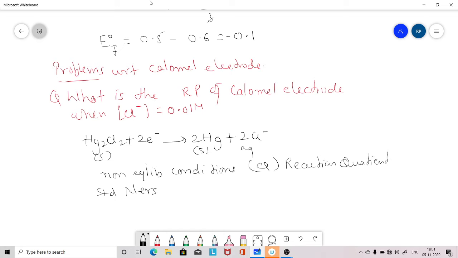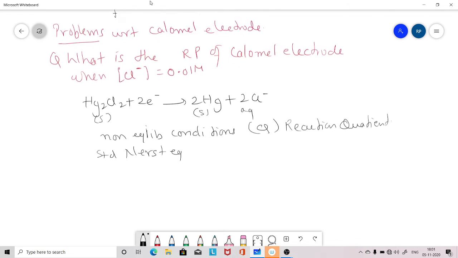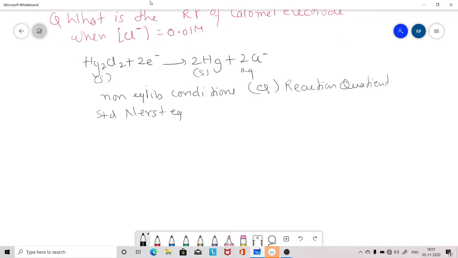What is the standard Nernst equation? E half cell, because there is only reduction, is equal to E naught of calomel electrode minus 0.059 upon n log Q. That is our standard Nernst equation, and by that we can solve this one.